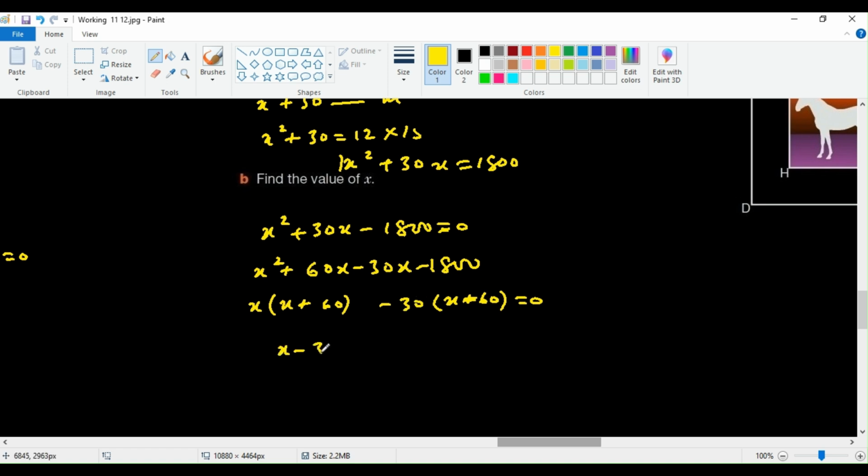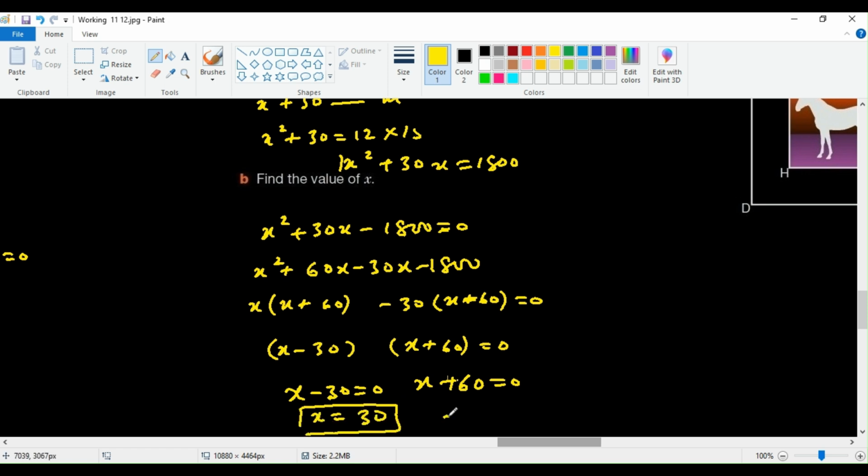So x minus 30 and x plus 60. So x minus 30 equals 0 and x plus 60 also equals 0. That means x equals 30, which is a positive value, and x equals negative 60, so we'll ignore this. So the answer for this question is going to be 30.